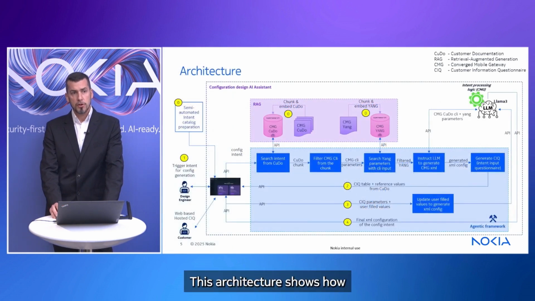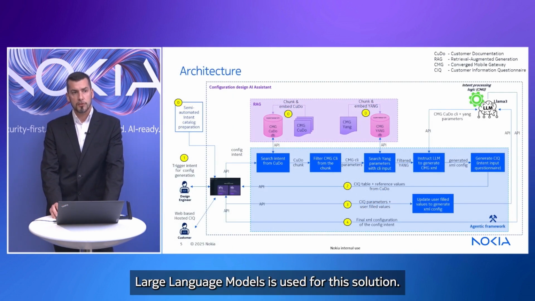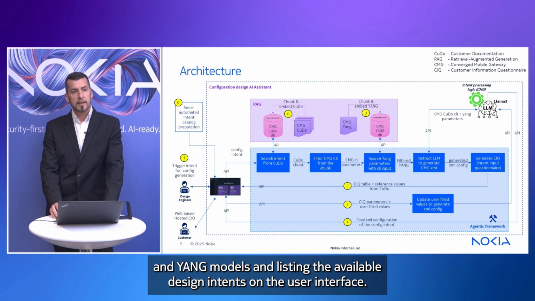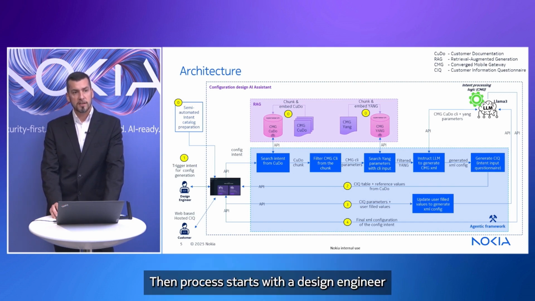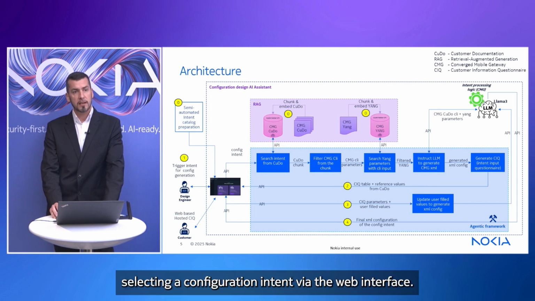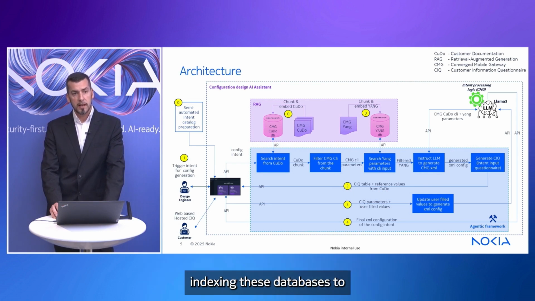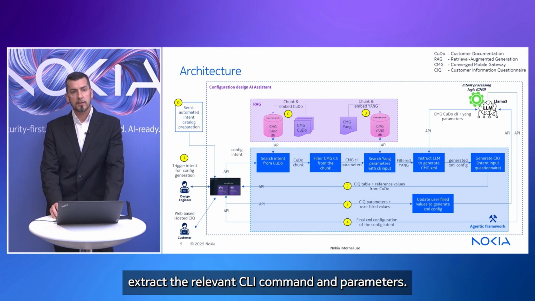This architecture shows how large language models are used for this solution. At first, we prepared the RAG databases by indexing customer documentation and YANG models and listing the available design intents on the user interface. Then the process starts with a design engineer selecting a configuration intent via the web interface. The system then searches customer documentation and YANG models indexed in these databases to extract the relevant CLI commands and parameters.